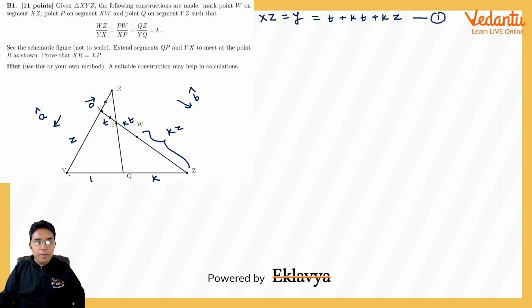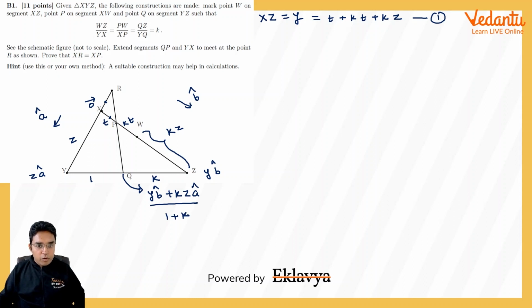Then we will be able to write this point Y as z into a cap and this Z as y into b cap, where y is this t plus kt plus kz. And also this Q point, which is dividing YZ in the ratio 1 is to k, its position vector will be (1 into y b cap plus k into z a cap) upon (1 plus k). So that will be the position vector of Q.